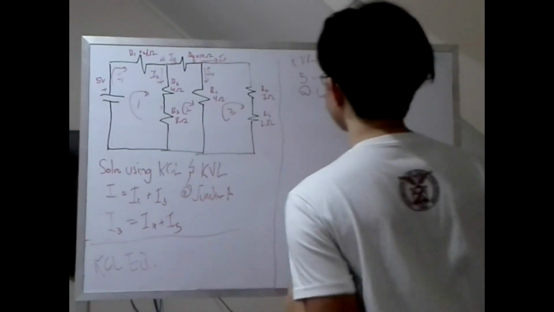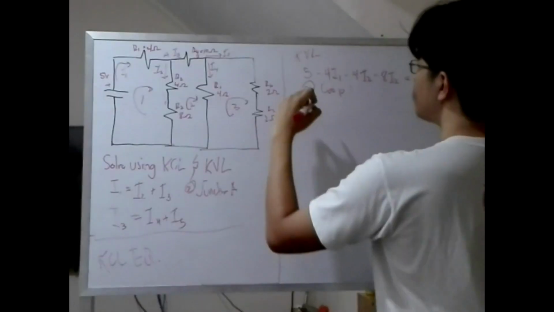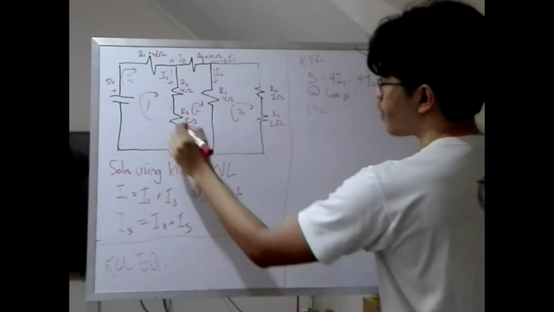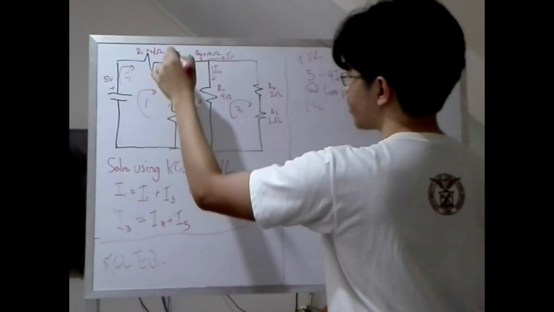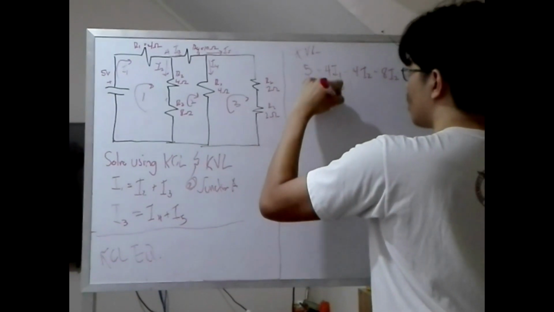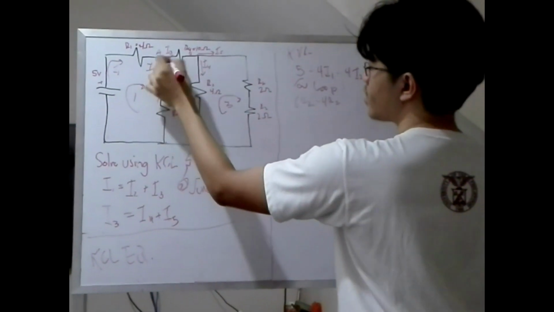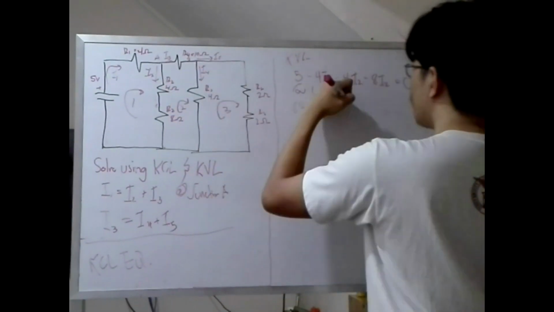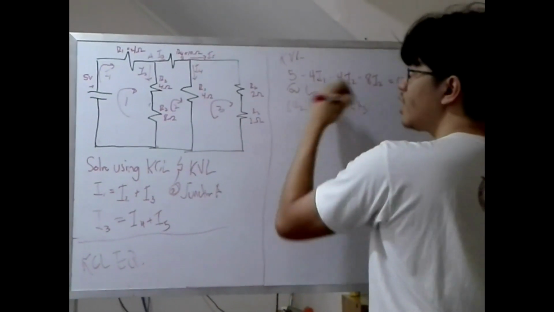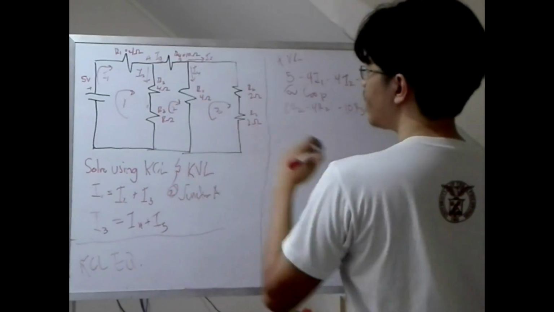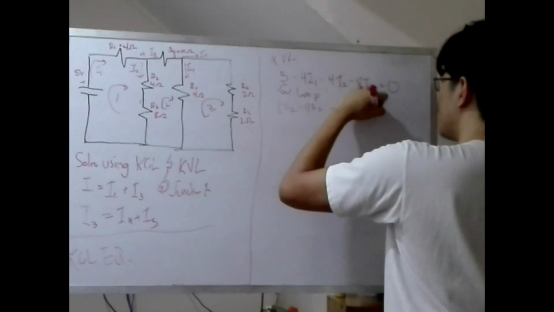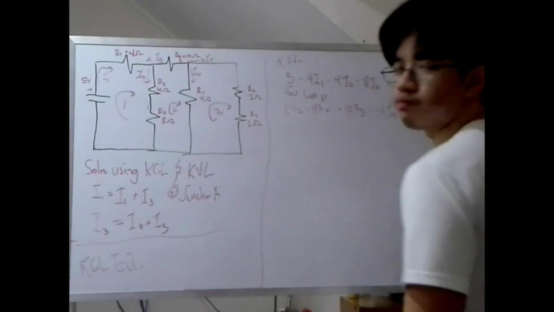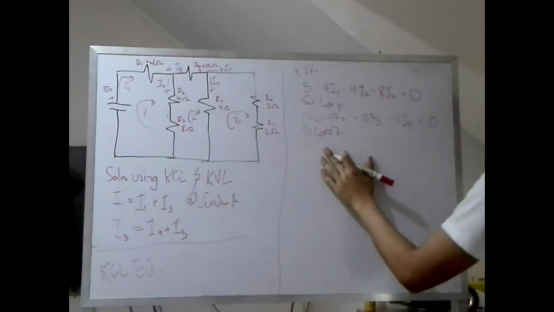So this will be positive, which means this will be plus 8I2, and opposite once again, 4I2, which is going to be negative because the current is in the same direction as the load, minus 10I3, and finally minus 4I4. All of that will be equal to 0. This is the KVL equation of loop 2.